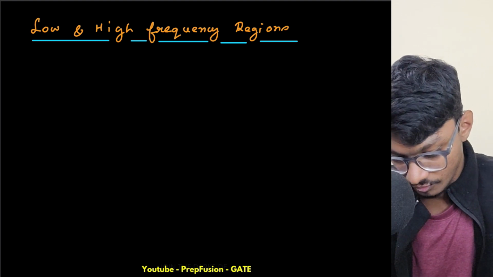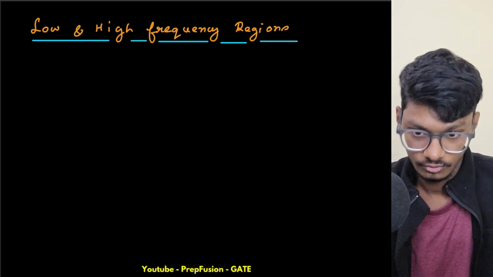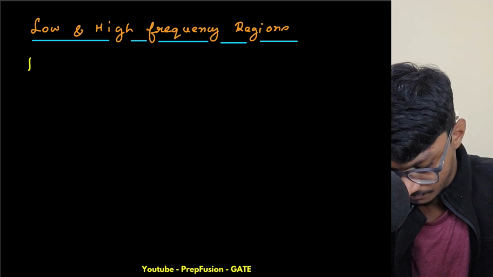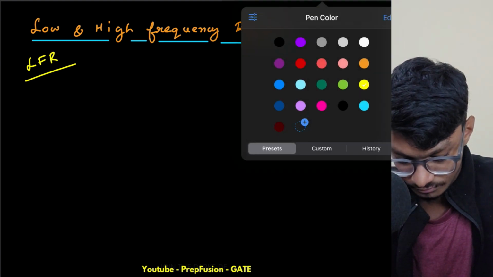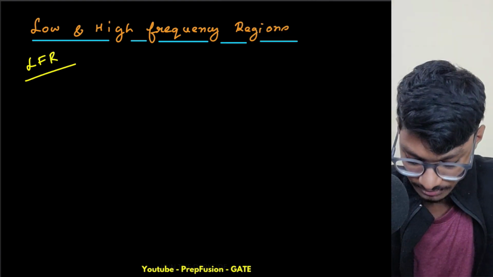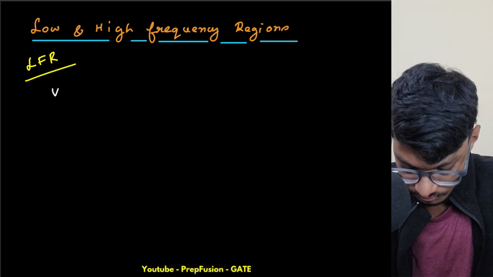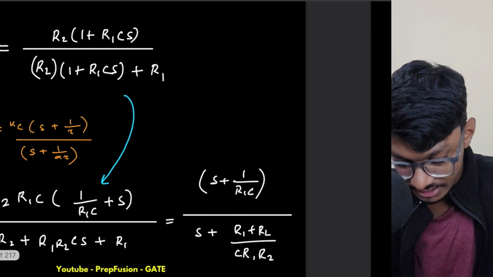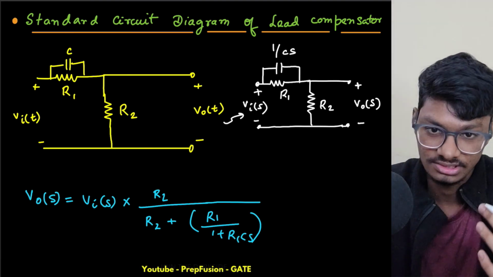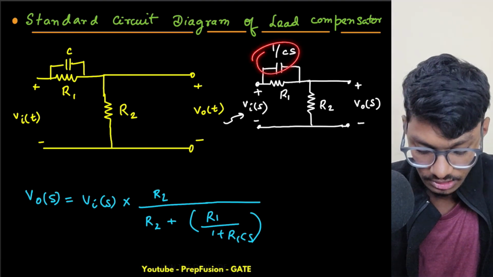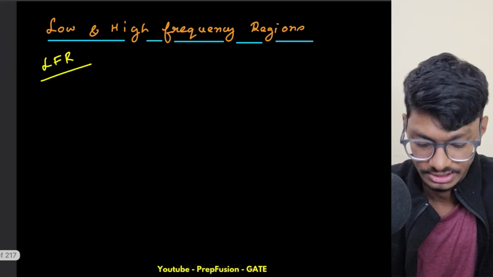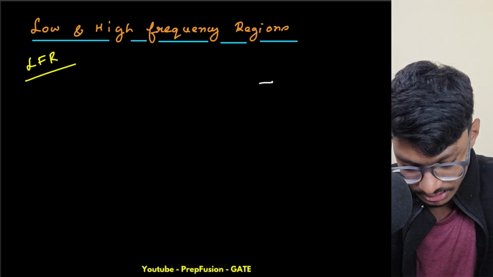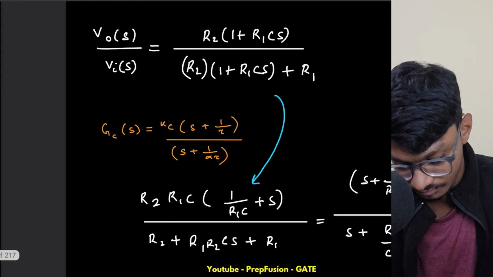So for the low frequency region, how will my circuit look? For the low frequency region, my S is 0. If S is 0, 1 by CS will be infinity. Hence the capacitor will be an open circuit, and R1 will be in series, so I can replace my circuit like this.